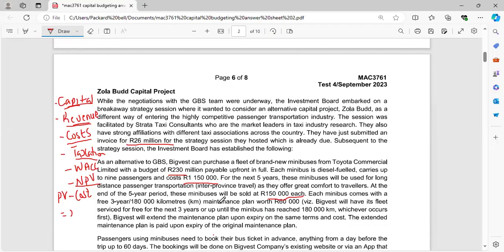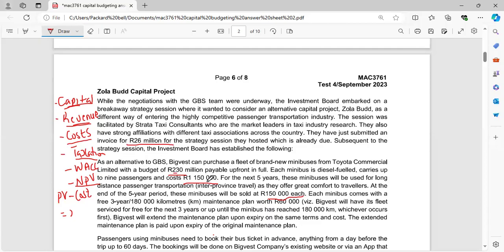Then let's look at the second one. They've purchased a fleet of brand new minibuses from Toyota with a budget of 230 million. So this one is going to be a capital expenditure. Am I right?